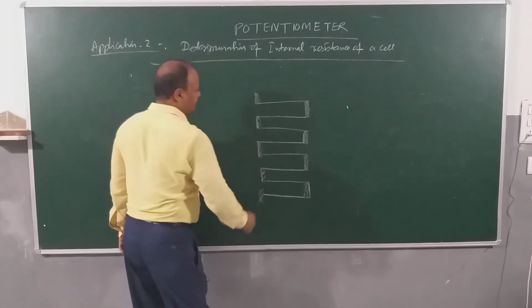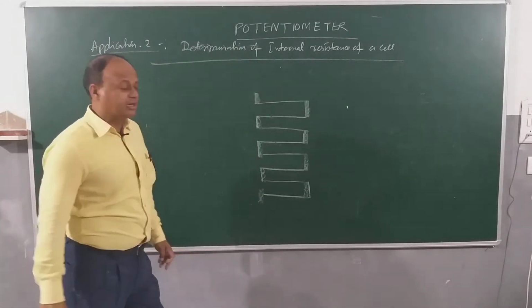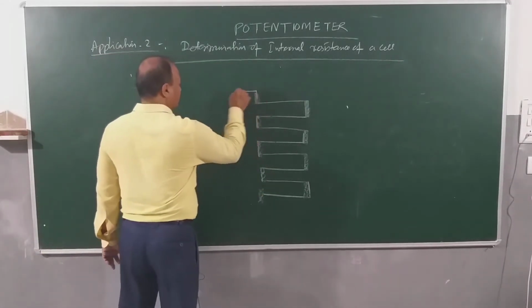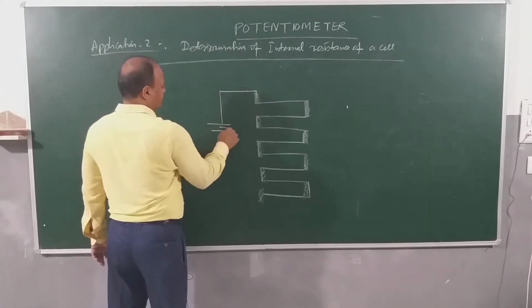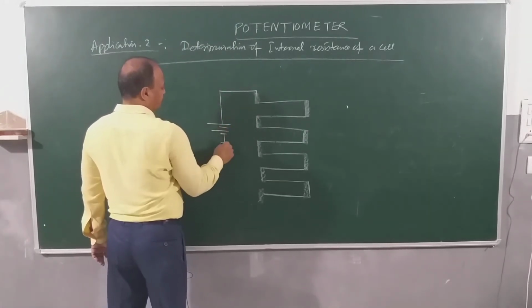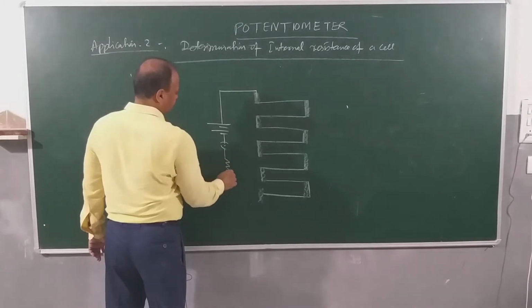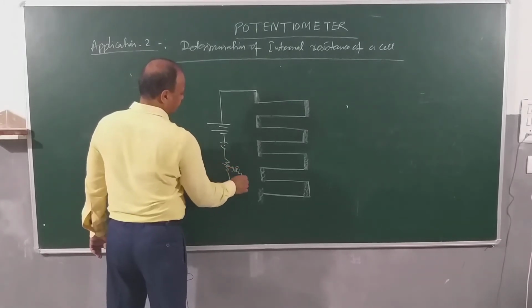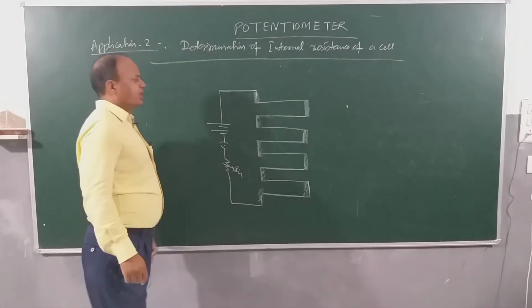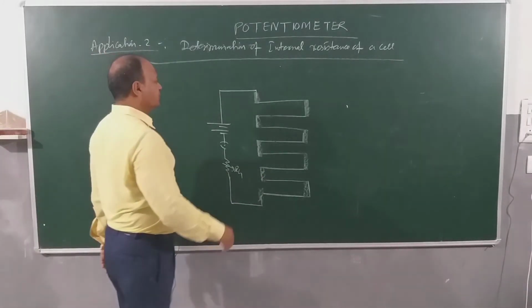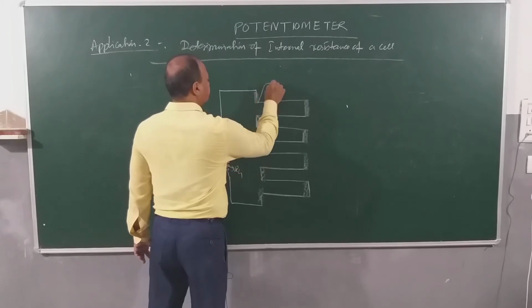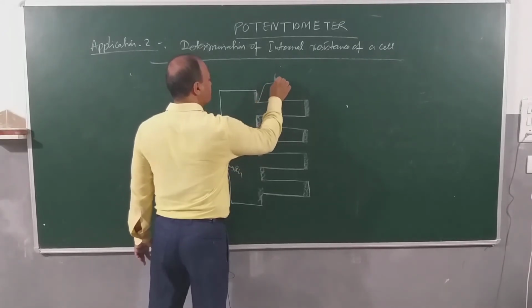Now we are going to calculate the internal resistance of a cell. Here I will connect the driving circuit first. Driving circuit has come. Now the key will come, the rheostat will come, right? We will complete the driving circuit, and we will connect the given cell here like this.